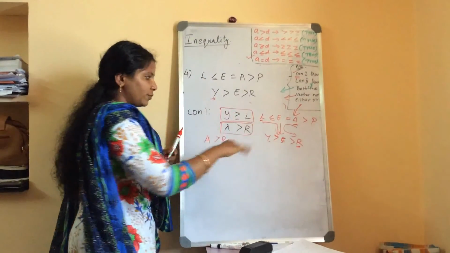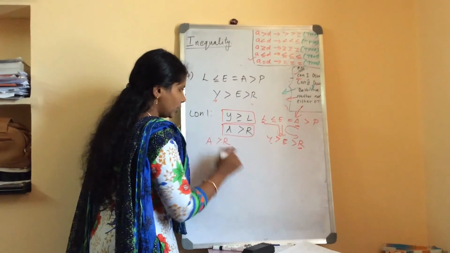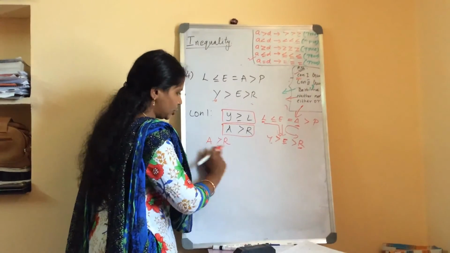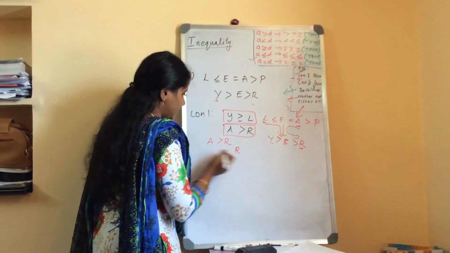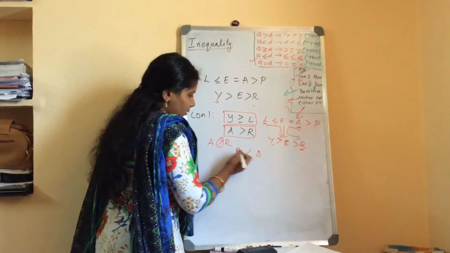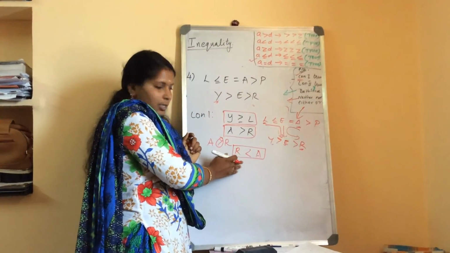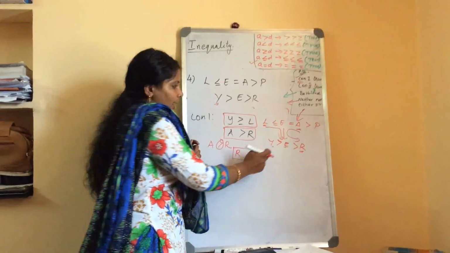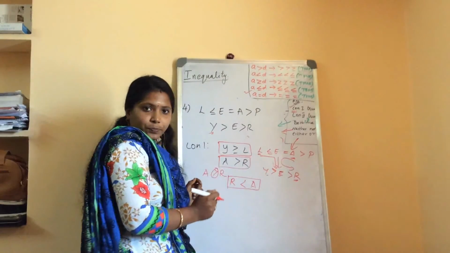If it is the forward direction, the symbols should be interchanged and the letters should be interchanged. So R, A, and the symbol greater than moves to less than. Now the conclusion will be R less than A, and for this R less than A, we are going to write the statement.